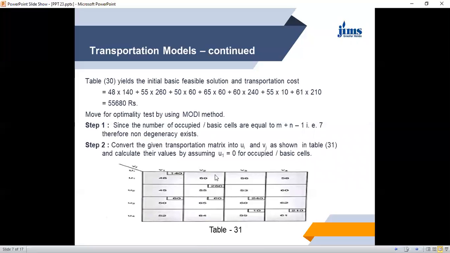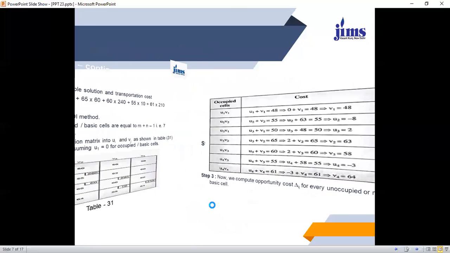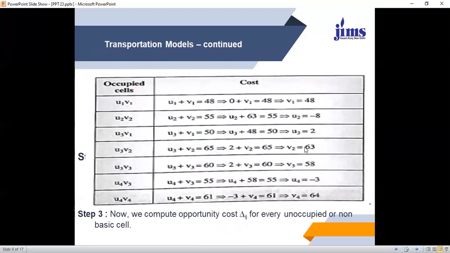U3 is equal to 2, and U3 plus V2 is equal to 65. So V2 will be equal to 65 minus 2, which is 63. See, V2 is equal to 63. Similarly, we calculate all the values: U2 is equal to minus 8, V2 is equal to 63, V3 is equal to 58, U4 is equal to minus 3, and V4 is equal to 64.